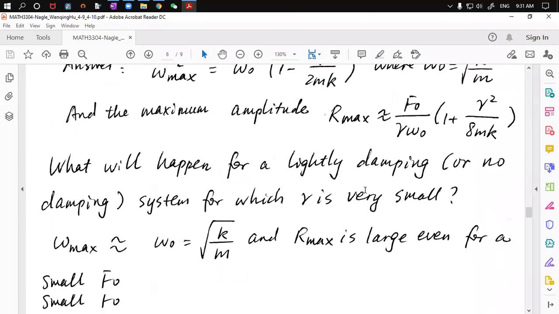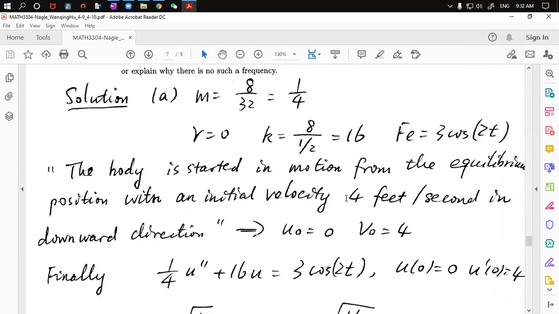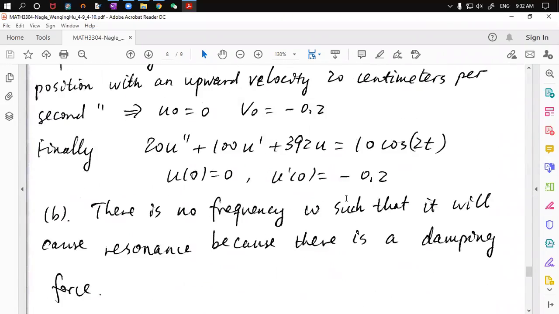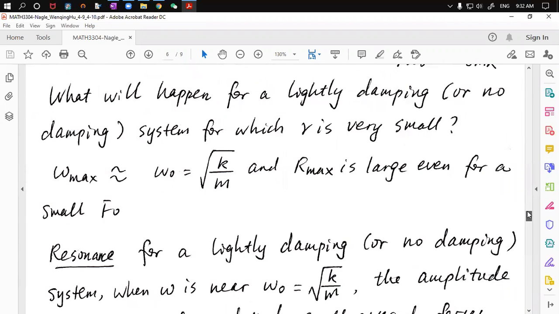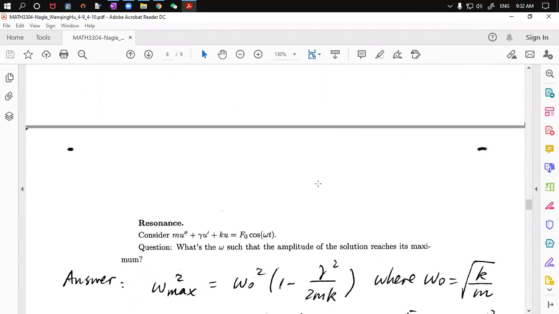For the rest of today's lecture, I'd like to talk about a pretty interesting and nice phenomenon in classical mechanics that can be explained by ordinary differential equations.